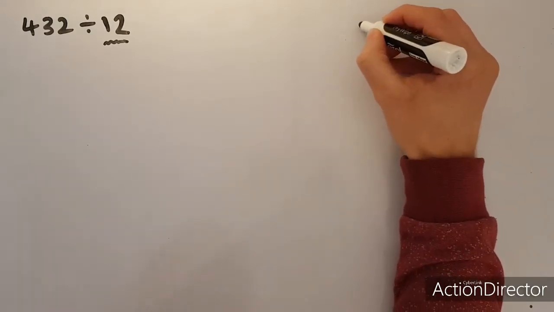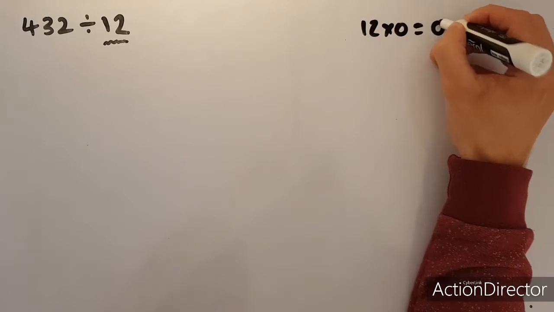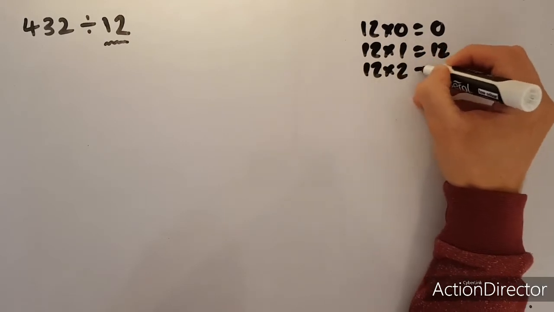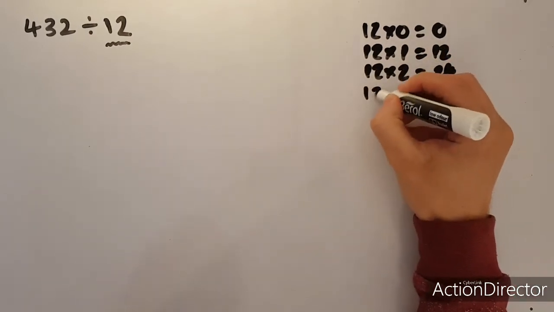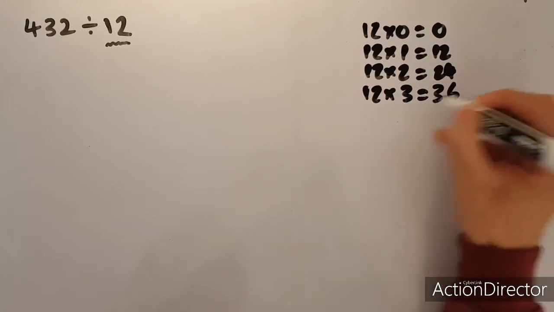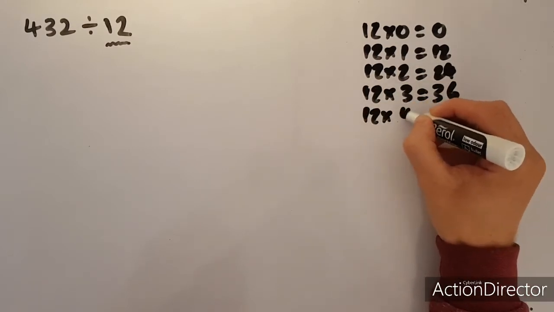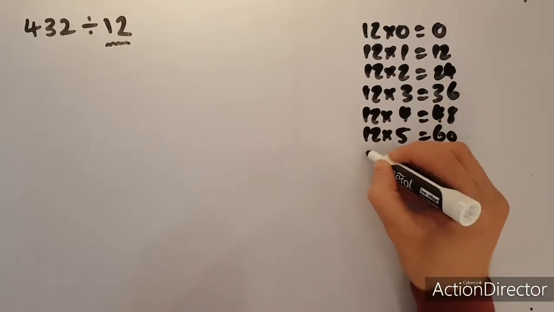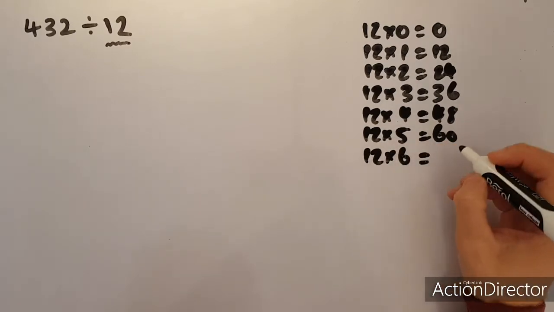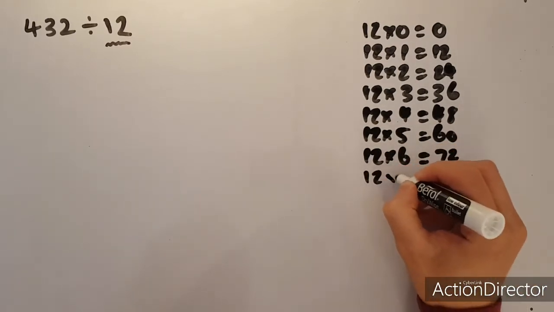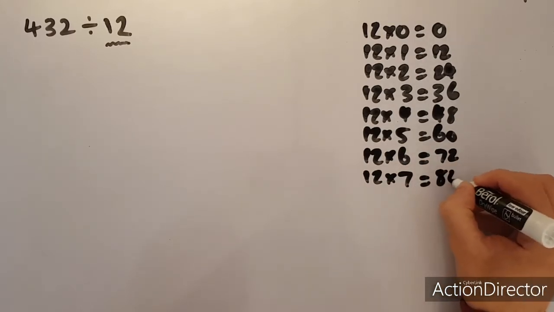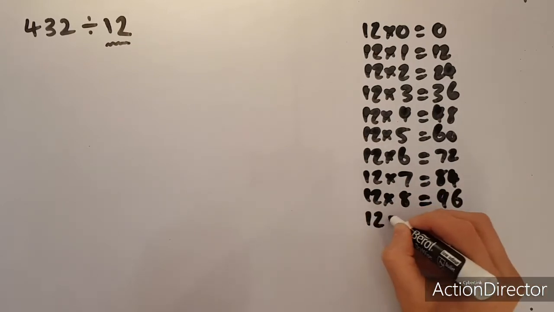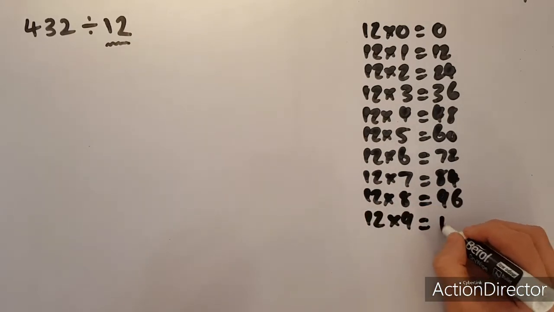12 times 0 gives me 0. 12 times 1 is 12. 12 times 2 is 24. 12 times 3 is 36. 12 times 4 gives me 48. 12 times 5 is 60. 12 times 6 is 72. 12 times 7 is 84. 12 times 8 is 96. 12 times 9 gives me 108.